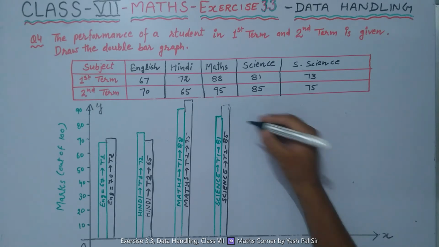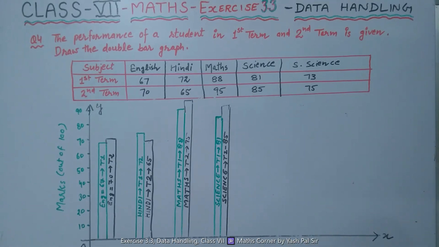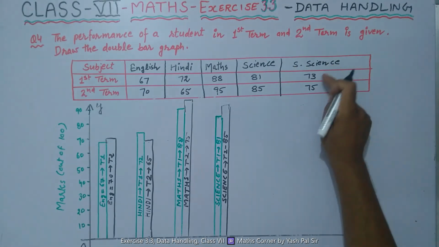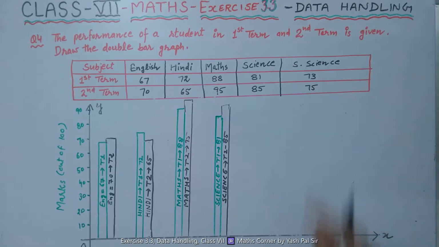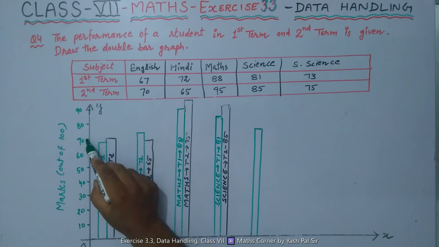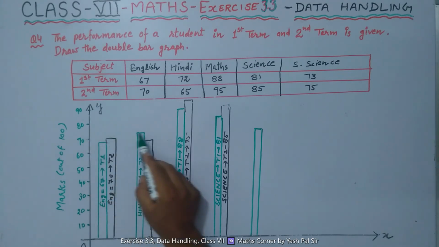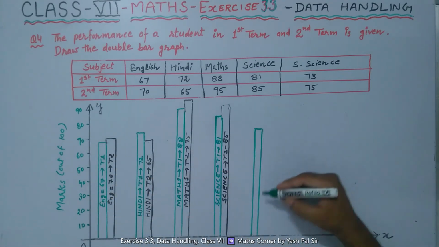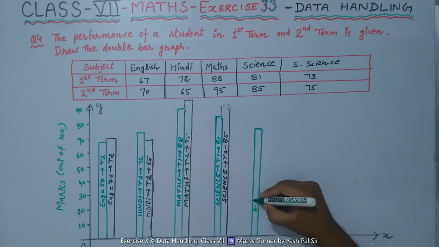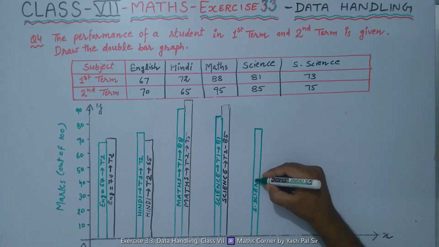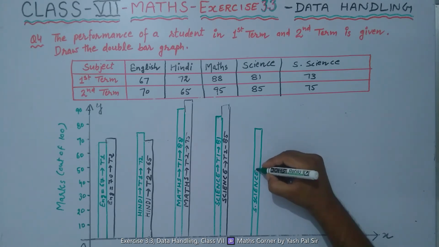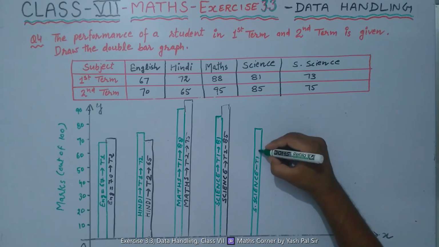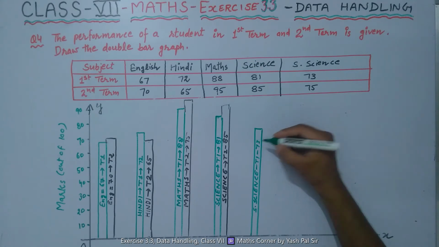85 marks. So the last one is social science, 73 and 75. Here this is 73, meaning above 70, somewhere here. This way, social science, term 1, 73 marks.